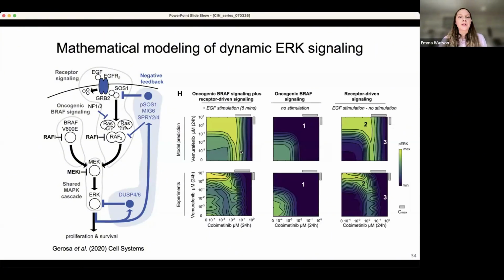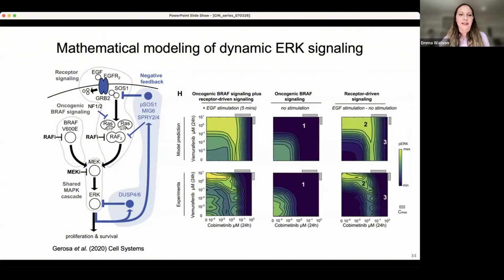This model was very well and carefully parameterized by the Sorger lab. Here I'm showing some predictions on the top from the modeling for ERK signaling under various BRAF inhibitor conditions and MEK inhibitor conditions. And you can see in the actual experimental data, this matches up fairly well.